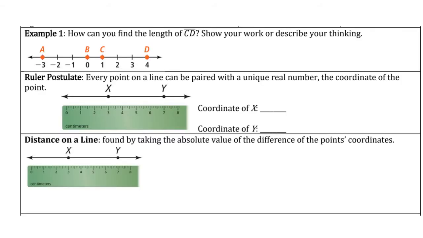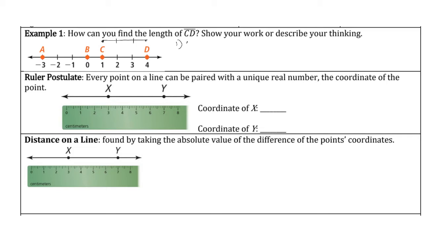All right, now we're going to look at lengths. How can you find the length of segment CD? We're looking for just C to D. Let's come up with two ways.